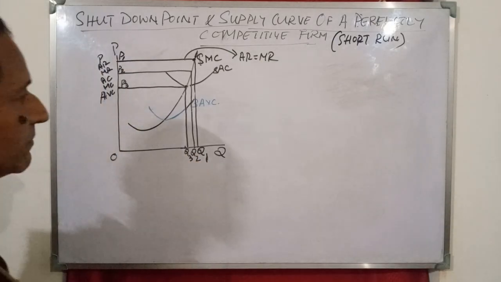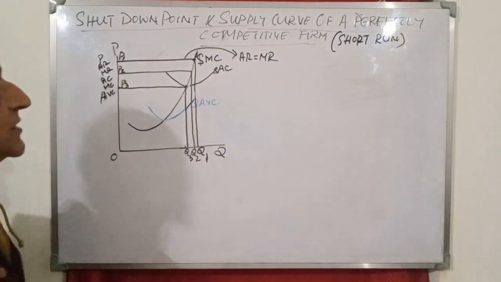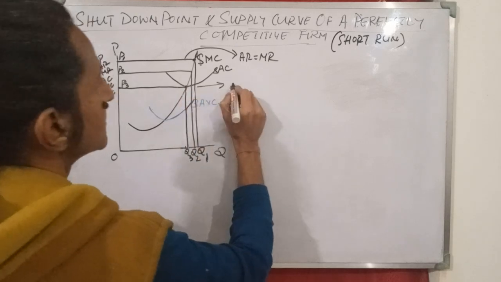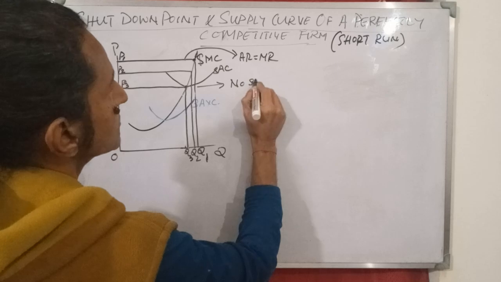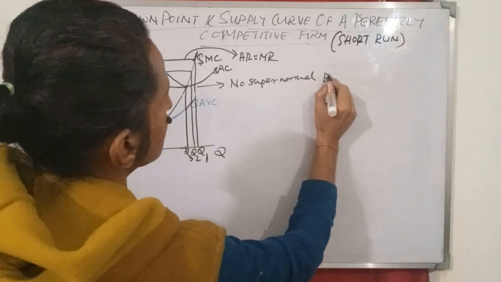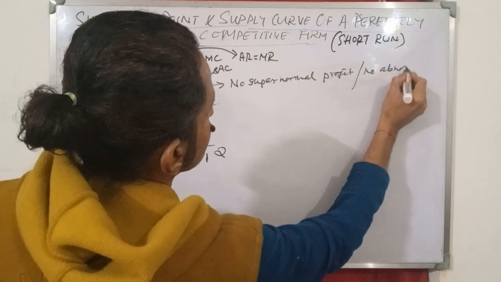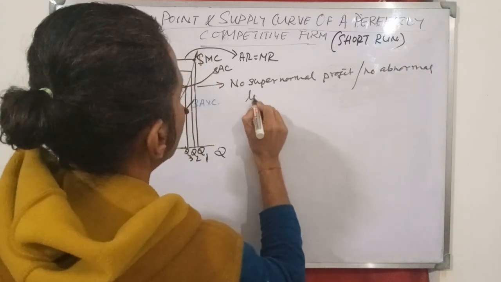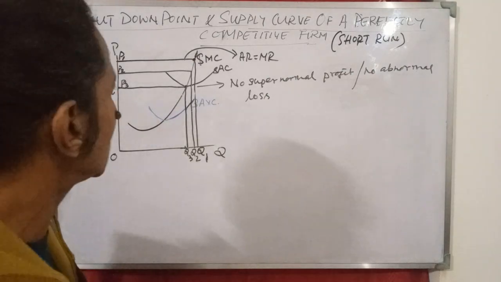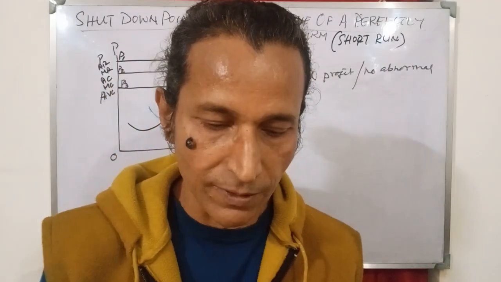Q sub 3 units are being produced by the firm when the market price is P sub 3. Here the firm has no supernormal profit, no abnormal loss. The firm is said to be having only normal profit because the average cost has become equal to average revenue. Correct?